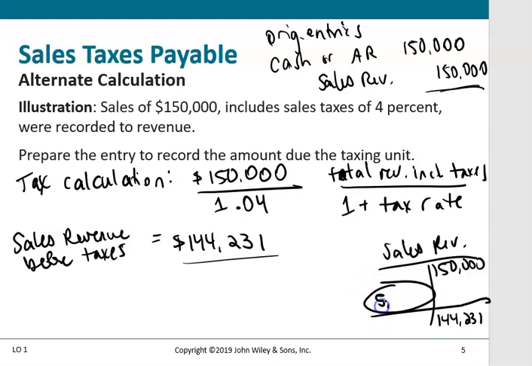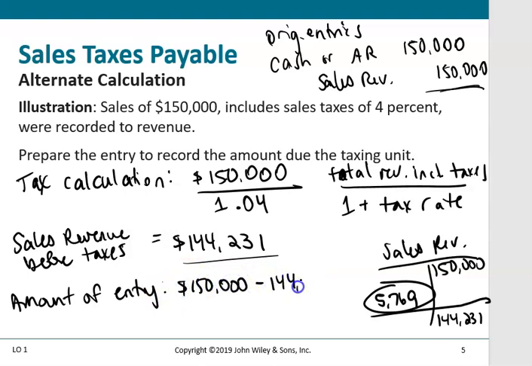That difference is $5,769. So the amount of our entry is the difference, $150,000 less $144,231, and that equals $5,769. Now we still need to record that journal entry.